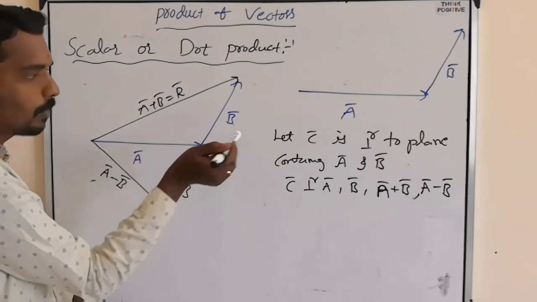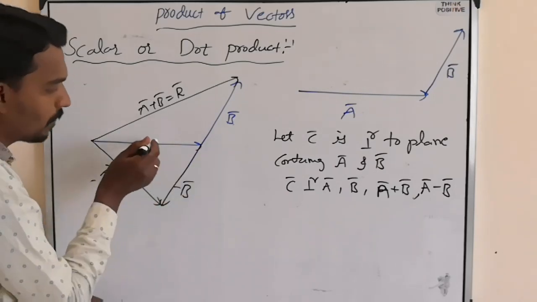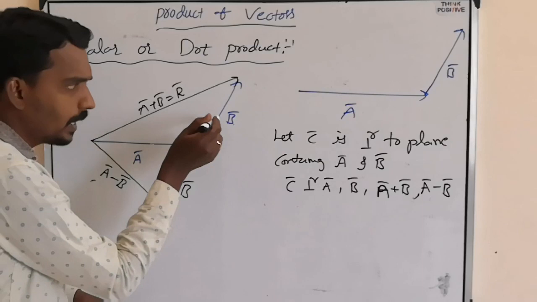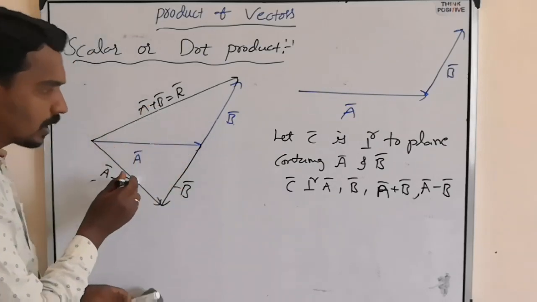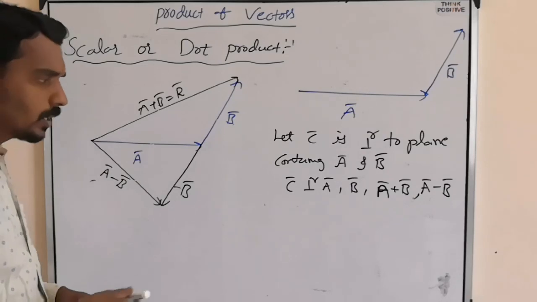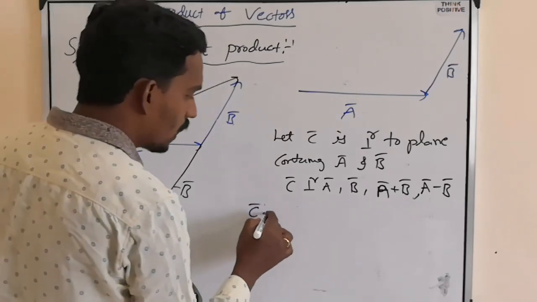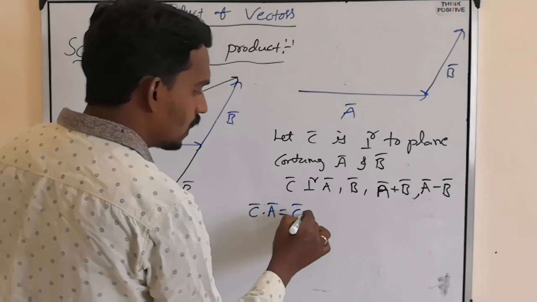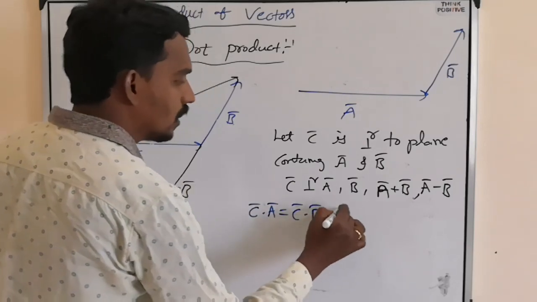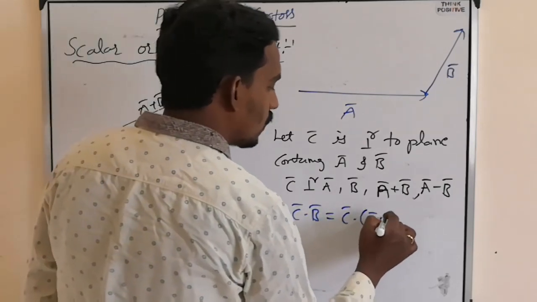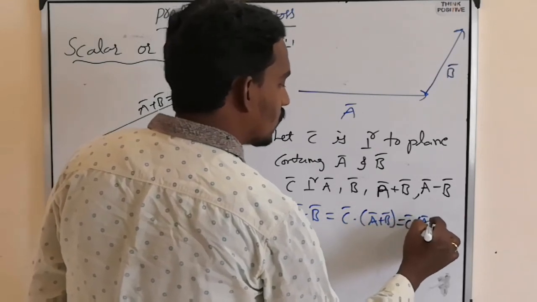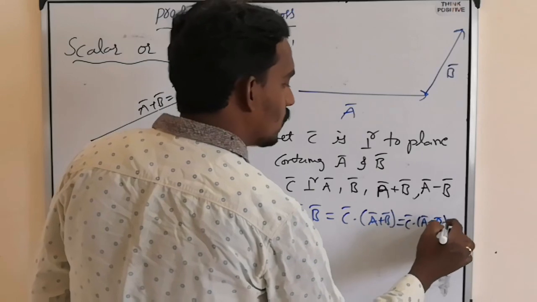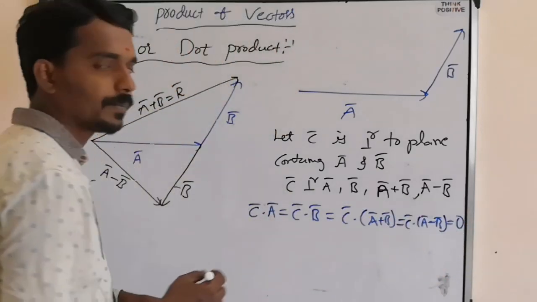But perpendicular to this plane means perpendicular to A, perpendicular to B, perpendicular to A plus B, perpendicular to A minus B. Then what can you write? C bar dot A bar, C bar dot B bar, C bar dot A bar plus B bar, or C bar dot A bar minus B bar must be 0.